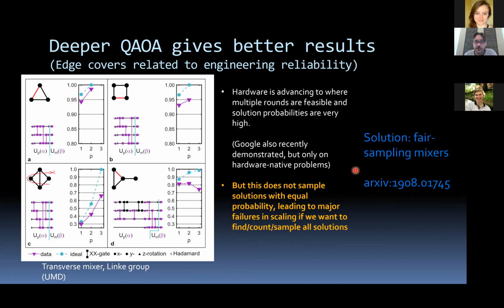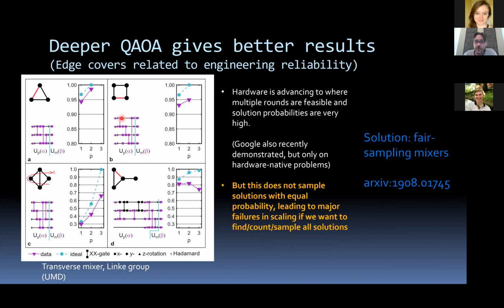So remember this transverse mixer, it's just this very simple thing in the plots I have on the left. You just independently rotate all the qubits. To do uniform sampling, you have to make that a much more complicated circuit, maybe even more complicated than the other things I'm drawing here. And so on existing hardware previously, that would really not run well.